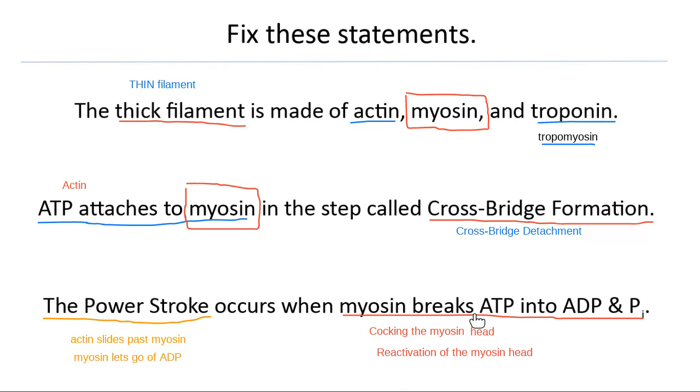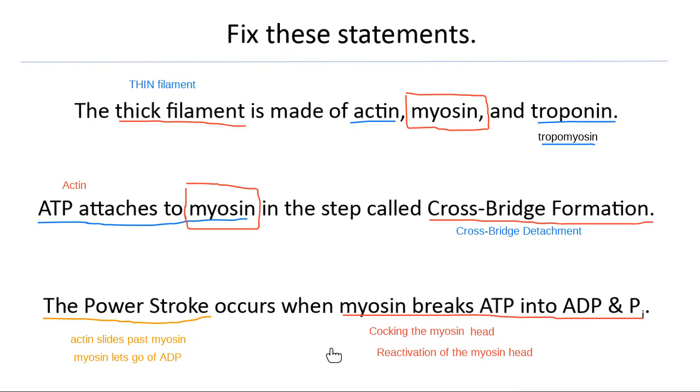So when myosin is holding on to ATP, when it chops up ATP into two pieces, myosin gets that energy, and myosin goes from being in a bent over position into an upright position, or what's called the cocked position. This is where it's ready to attach to actin again.